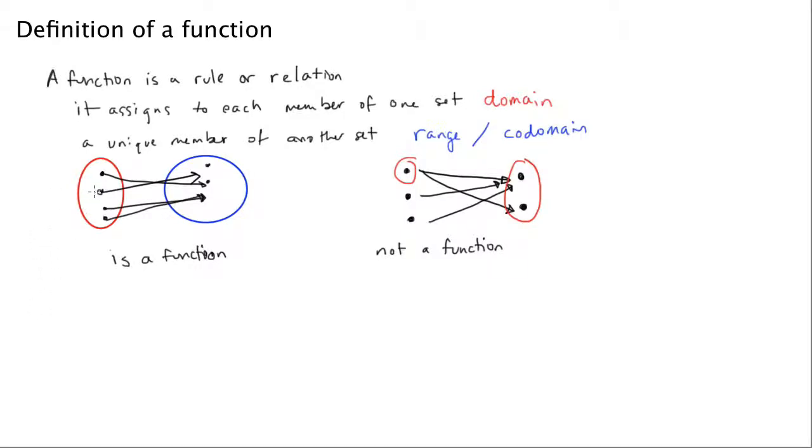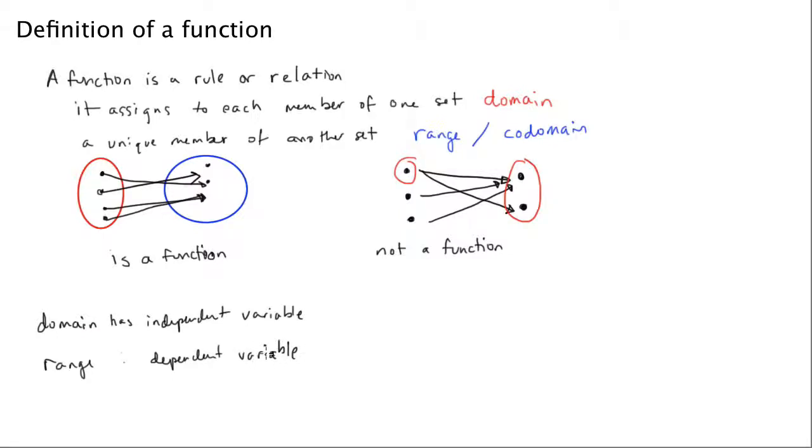Okay, so things in the domain are independent variables. The independent variable represents things which live in the domain, and the range is the same thing, but it's the dependent variable.